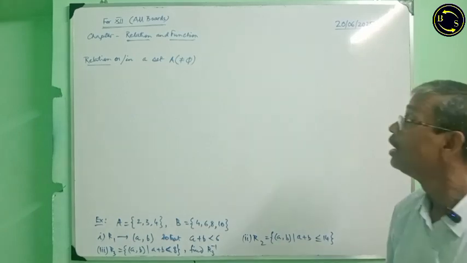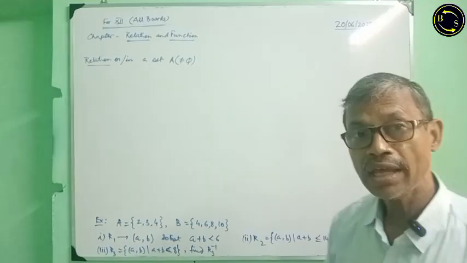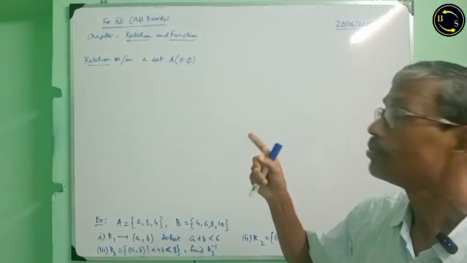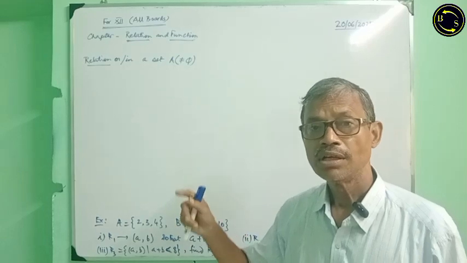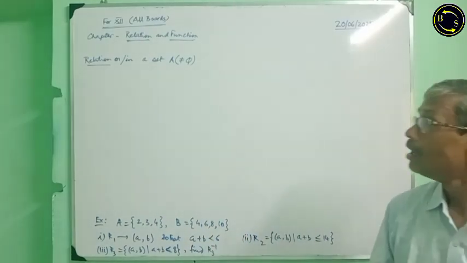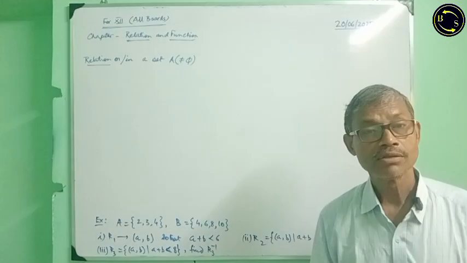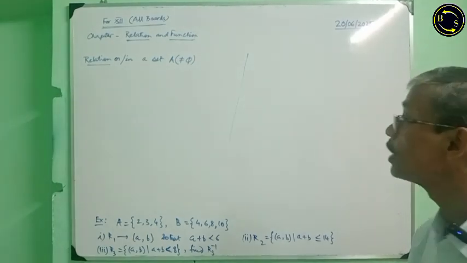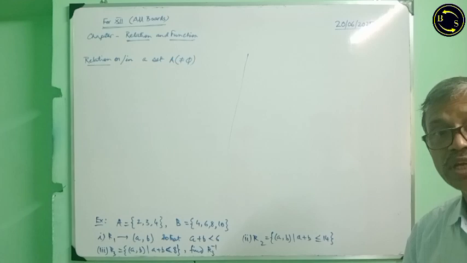That means a relation from set A to itself, that is called relation on a set or relation in a set. Now we shall read variety of relation on a set.